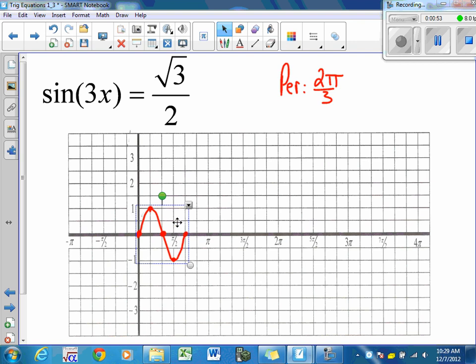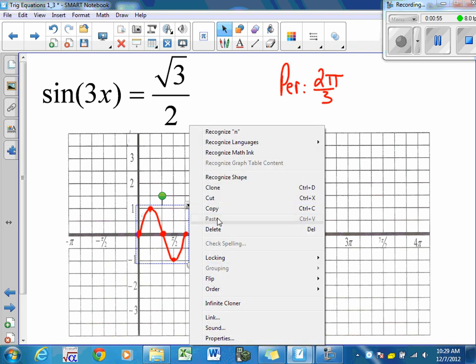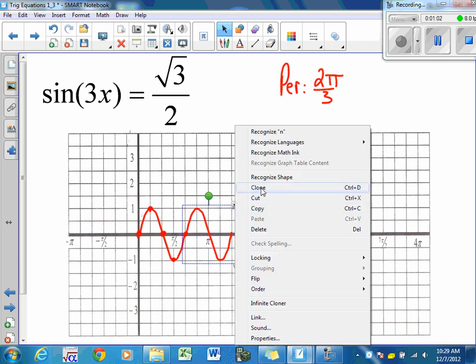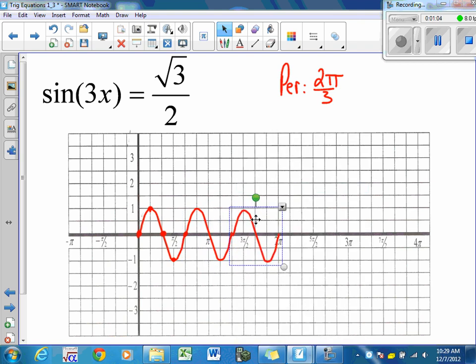Now, if I continue this, it continues on and continues on. So you can see what I get is just between 0 to 2 pi.